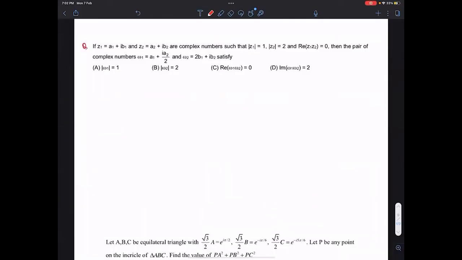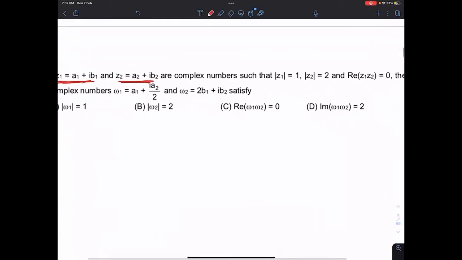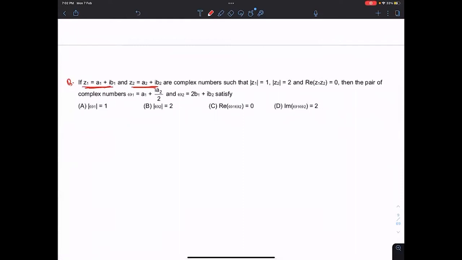This one here. They have given Z1 is A1 plus IB1, Z2 is A2 plus IB2, complex numbers such that they have given the modulus and real part of Z1, Z2 is 0. What does it mean, real part of Z1, Z2 is 0?